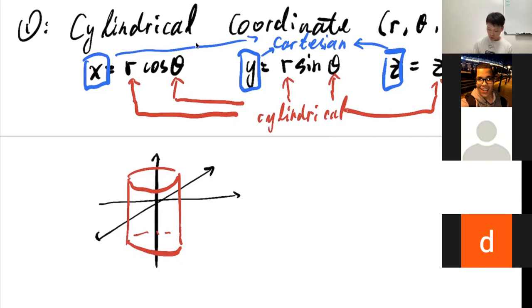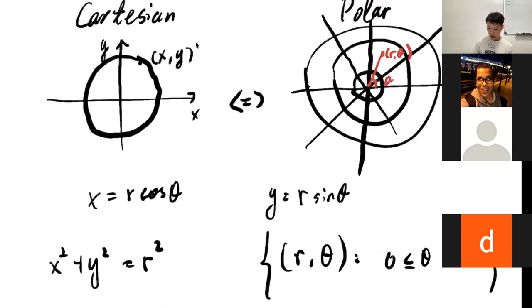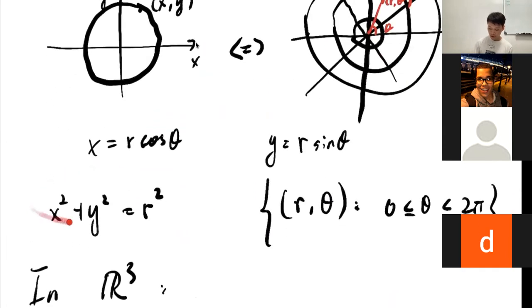To represent the points in a cylinder with Cartesian coordinates is kind of hard, because you have to separate it into cross sections of circles, and for each circle, like in the XY plane, you have to use an implicit formula, x squared plus y squared equals r squared.